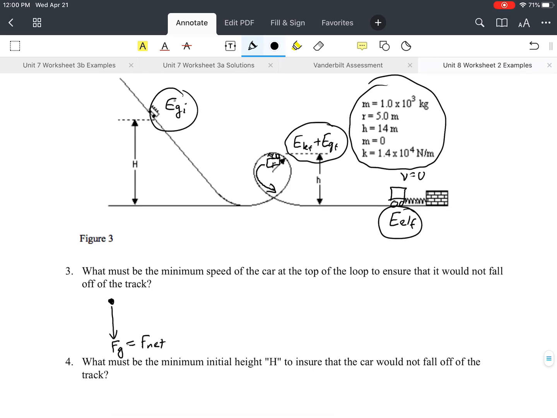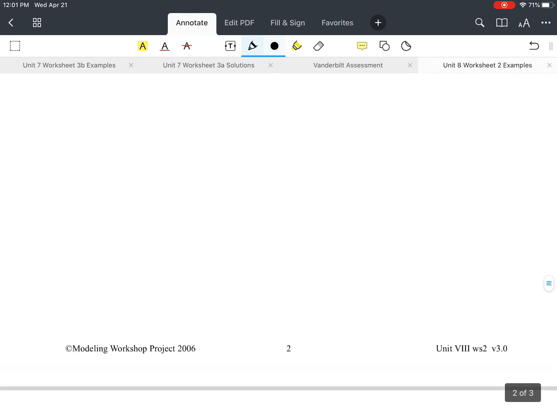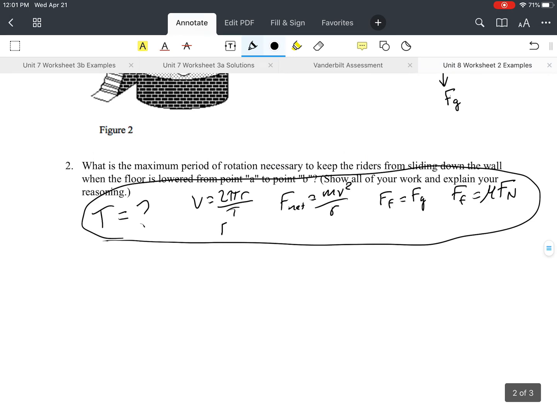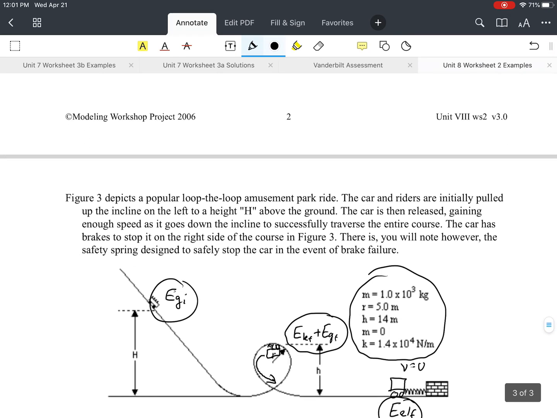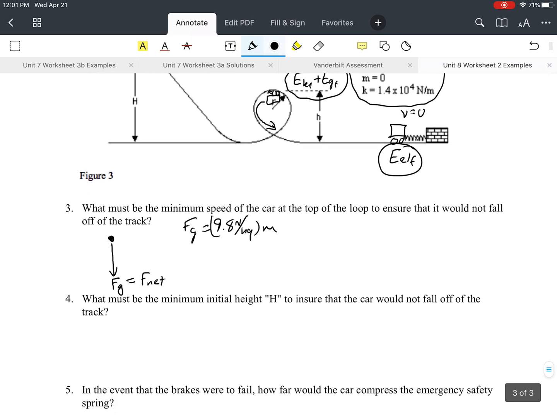Okay, and remember Fg is equal to 9.8 newtons per kilogram times mass. And I should have stated that previously up here. Fg is equal to 9.8 newtons per kilogram times your mass. Alrighty, so that's where we are on 3.